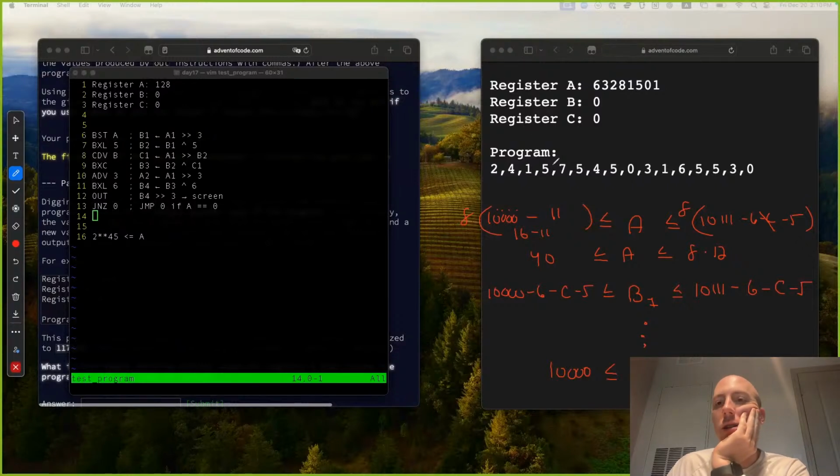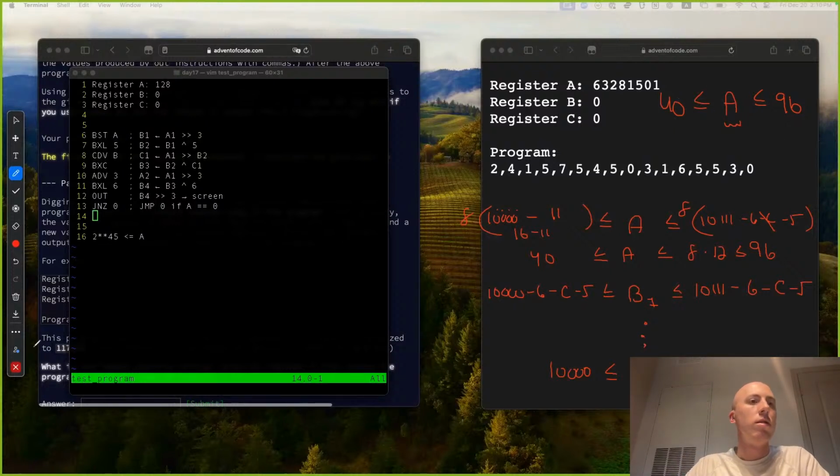So 8 times 12 is 80 plus 16, 96. Basically 96. So this is saying if A is between 40 and 96, then it will output a 2. That's basically what we're saying.